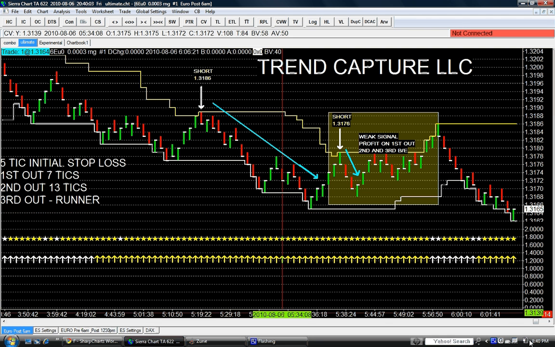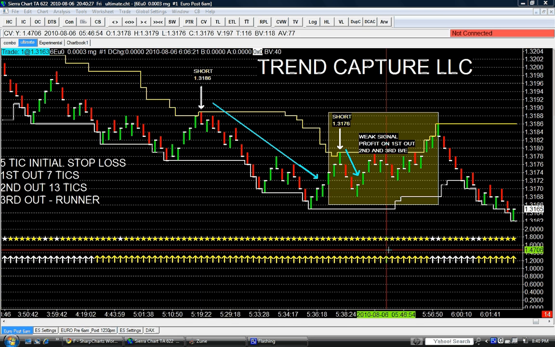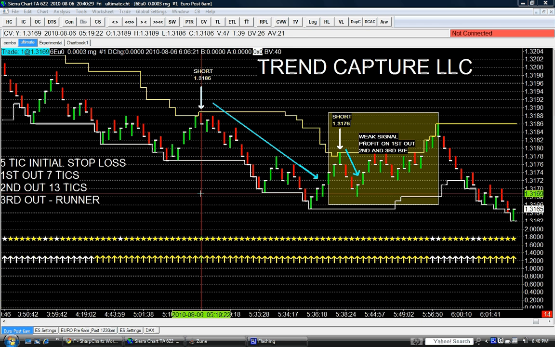The next trade here was a rather weak trade. You had a call for a short right here at 31.76 with a touch of the yellow band, and both of these were yellow.